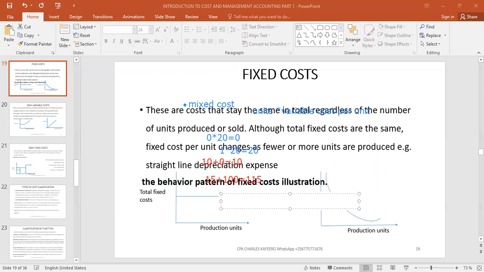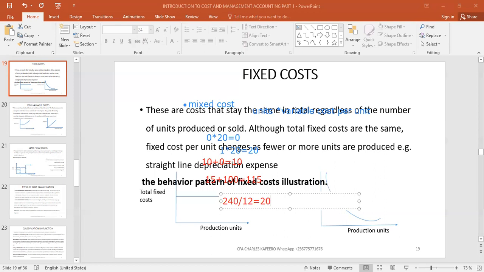Like for the variable cost, let's say we use the last one, which is 240. When you divide it by the number of units, you will be getting the same exact amount of 20 shillings we've incurred.